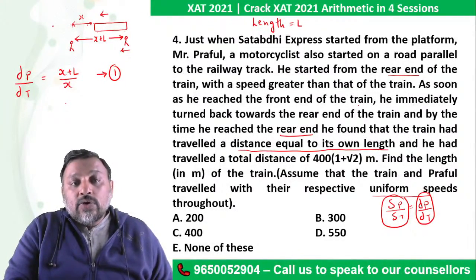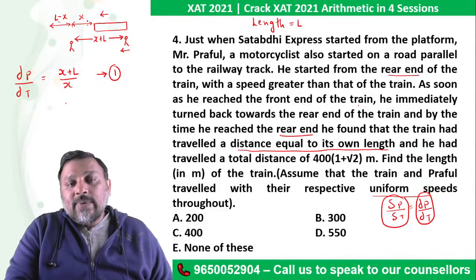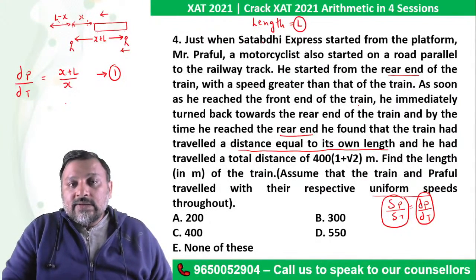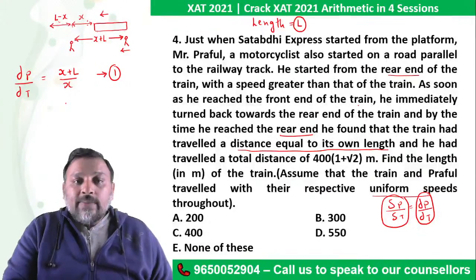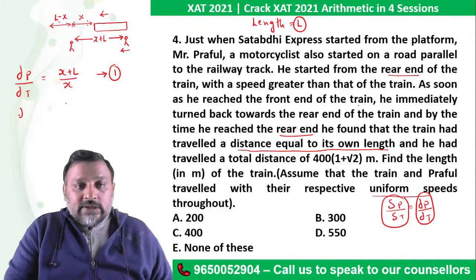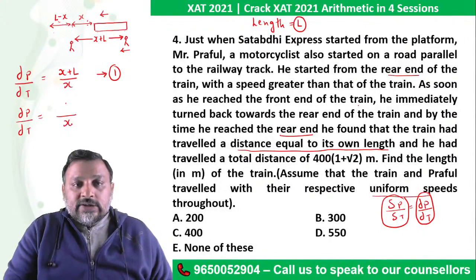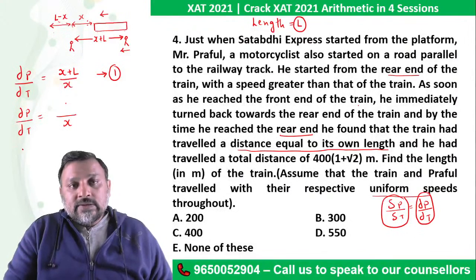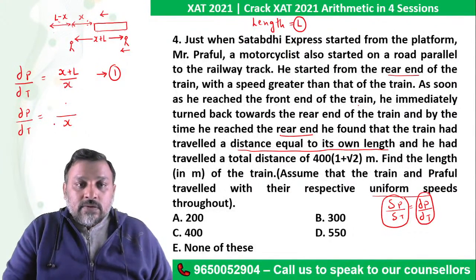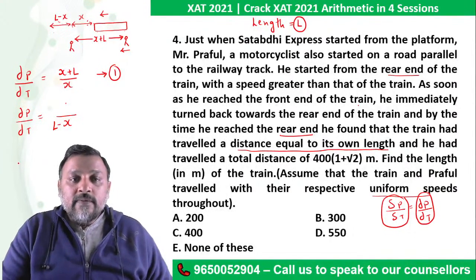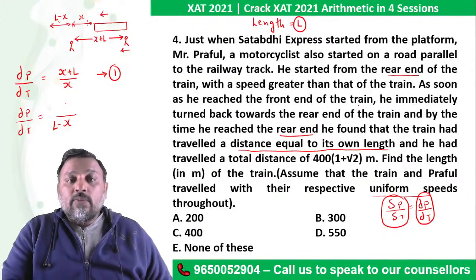So can we say to cover the distance equal to its length, train needs to cover this much more distance, then only the total distance covered by train would be equal to its length. Okay, so that means train has to cover L minus x now. The distance covered by Praful and distance covered by train. So train needs to cover this much distance, L minus x. Okay, and Praful needs to cover how much?